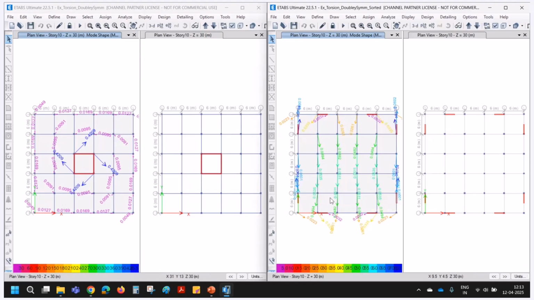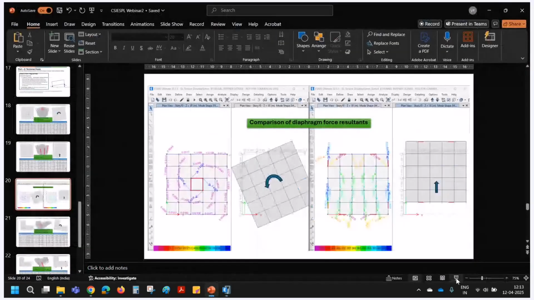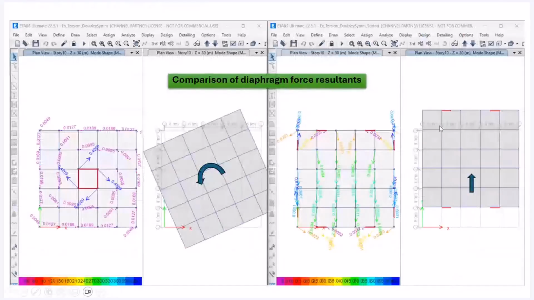And the arrow length is also proportional to that to give you the comparison. And this reactive force shows the uniform distribution of the stiffness in the structure, right? There are no weak or soft spots in the structure in this arrangement. Now, there is no substitute for this, but that's what I wanted to show you with this example. So it's a perfectly symmetric building.